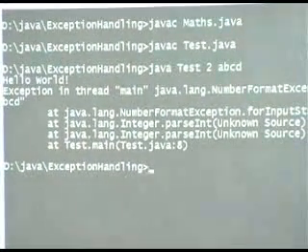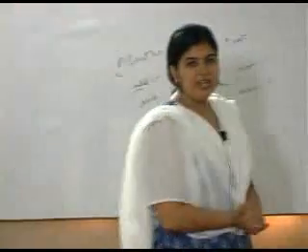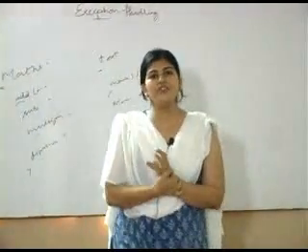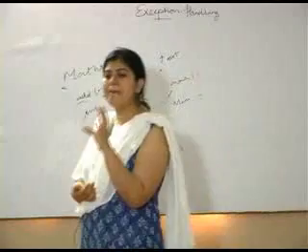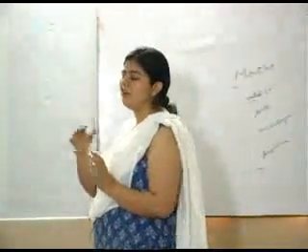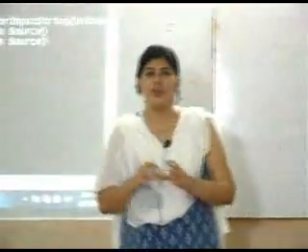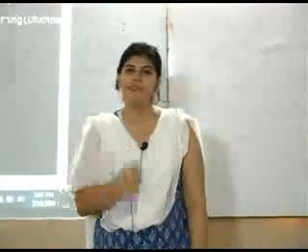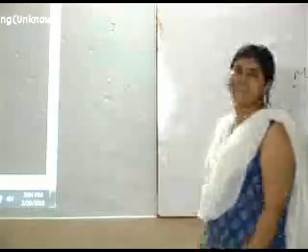Now we would see how to catch these errors and how to handle these errors. Wherever you think your application is depending on some kind of input, or this is the code where your application can give a problem. Okay, let's go to our Test.java.